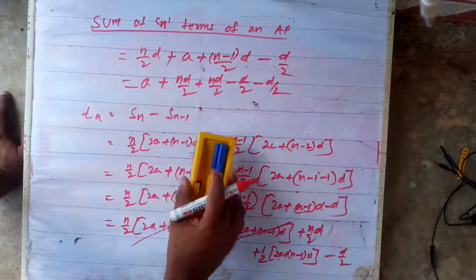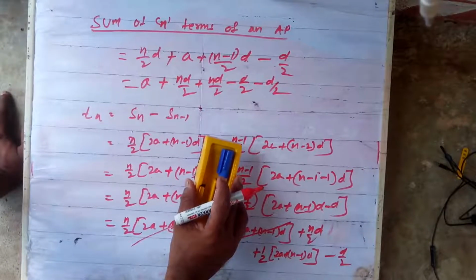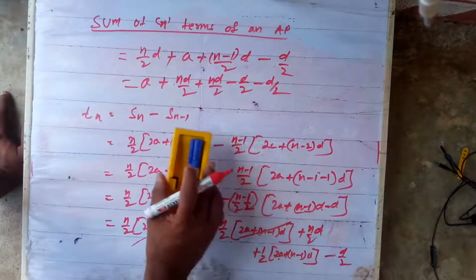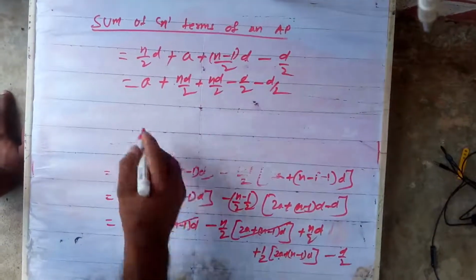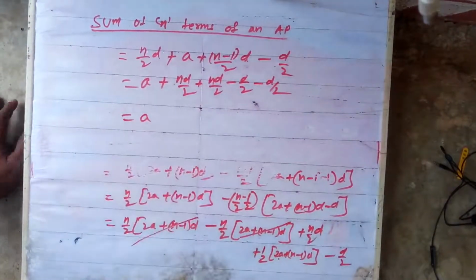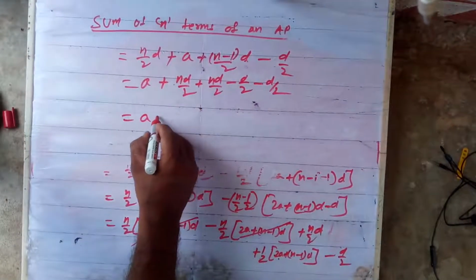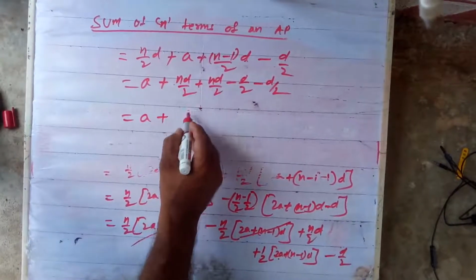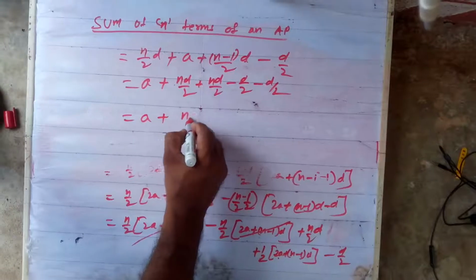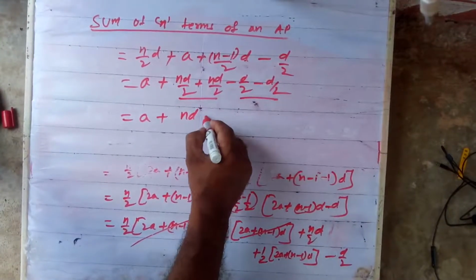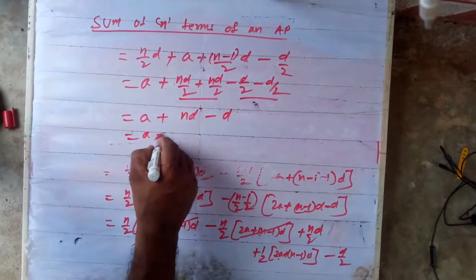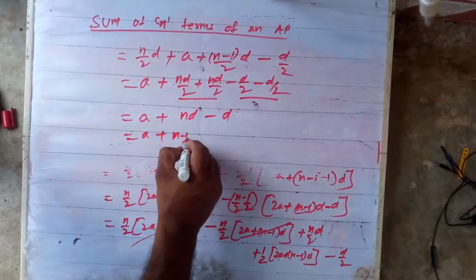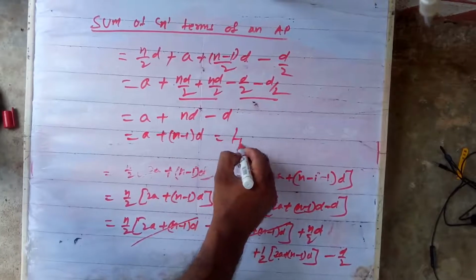Shall I erase this part? So a as usual, this one, 2 and 2, this 2 will become minus d. Take common a plus n minus 1 into d, that is Tn.